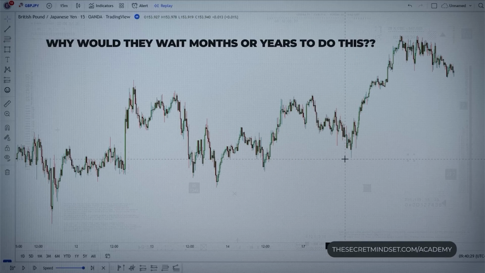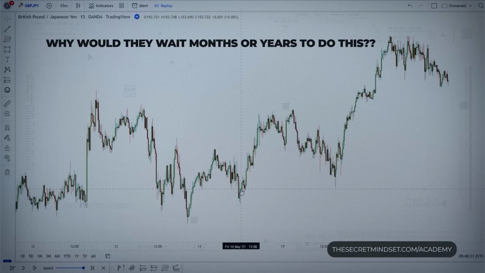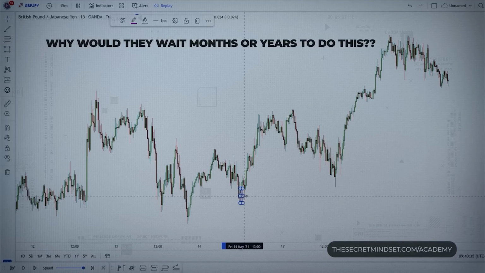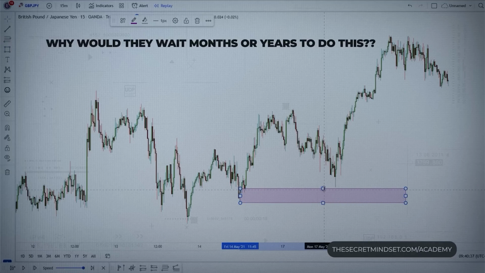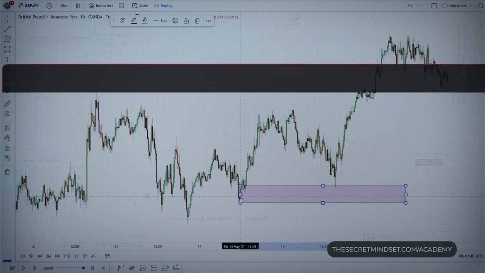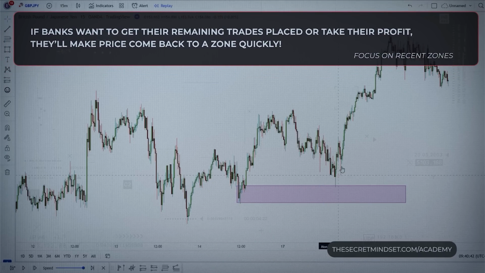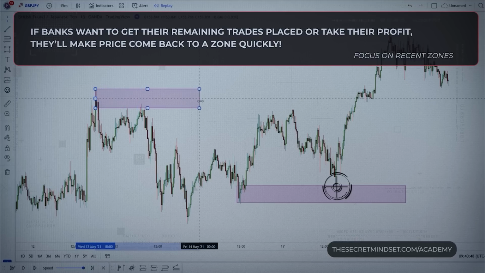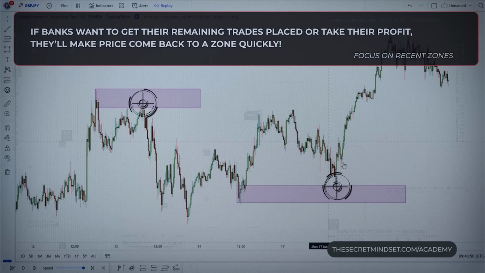For me, it just doesn't make sense that the banks would wait weeks, months, or years for price to come back to a zone just to get a few leftover trades placed. If they want to get their remaining trades placed or take their profit, they'll make price come back to a zone quickly. They won't wait that long. They'll do it as soon as possible.